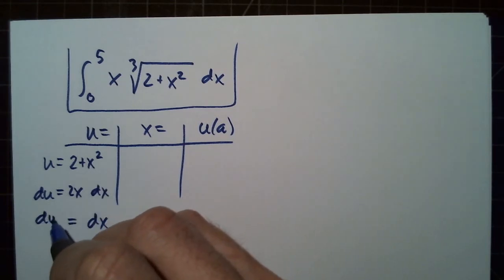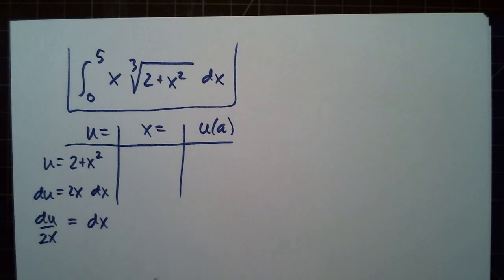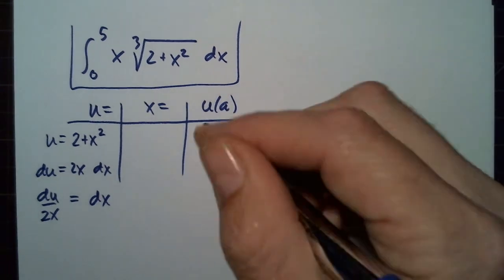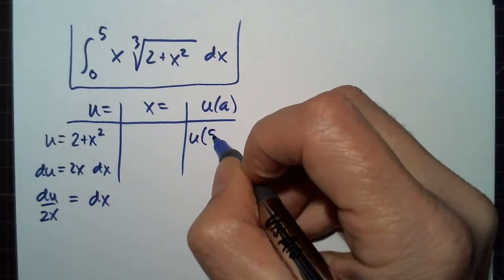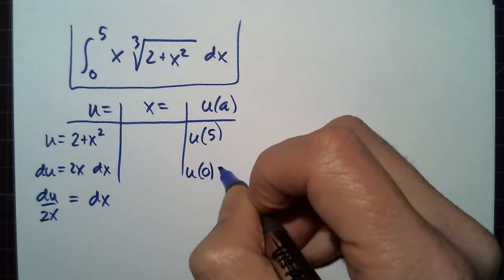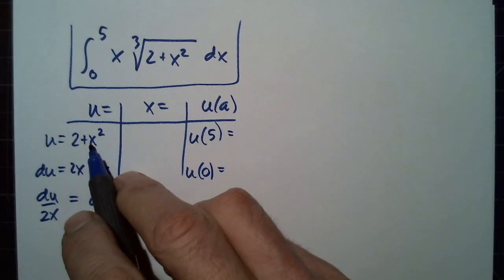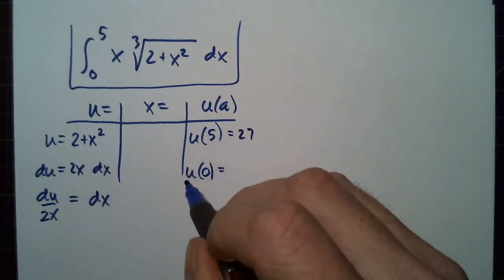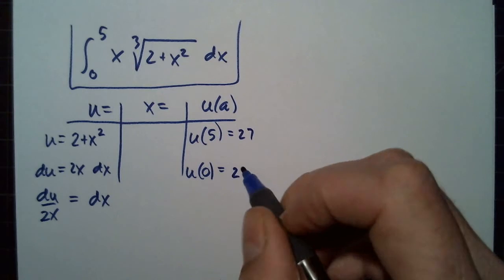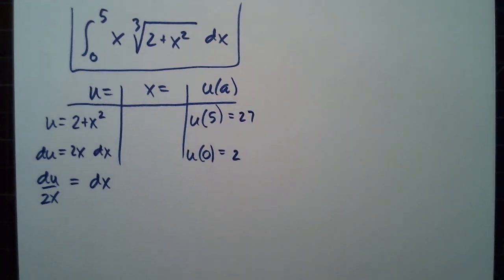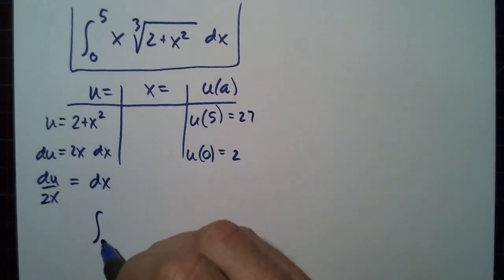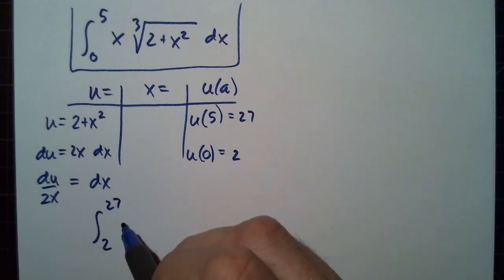So dx is du over 2x. We need to find u values instead of x values. So u evaluated at 5 is 27, and u evaluated at 0 is 2. Then we integrate from 2 to 27.